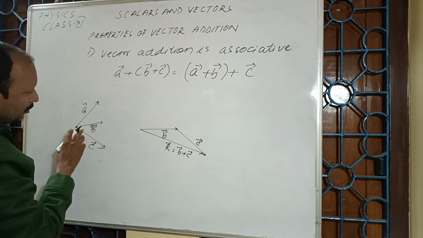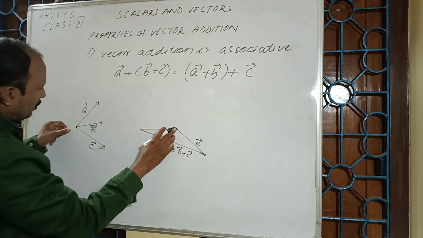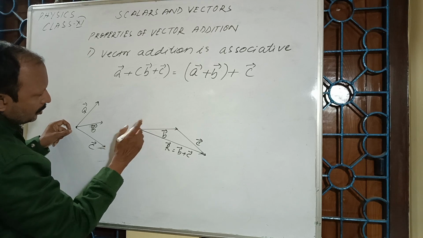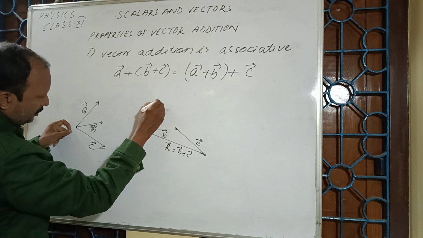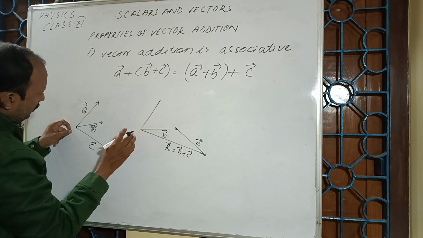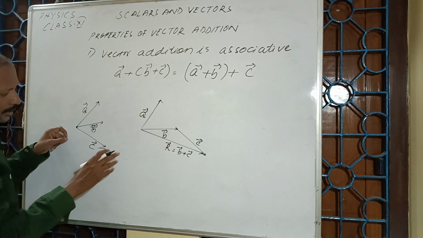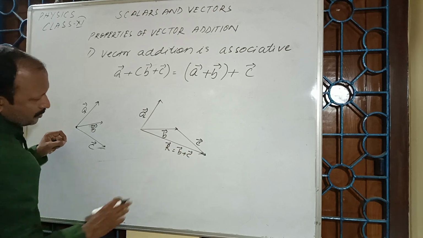So this is the B. I can shift like this. No problem. Now this is the vector A, this is the B plus C.